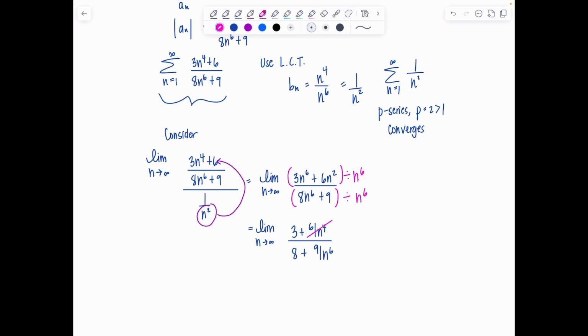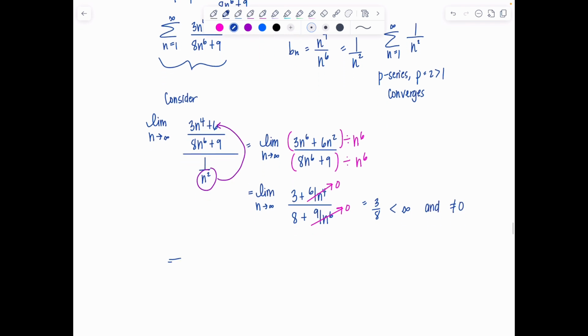And then 6 over n to the 4th, that's going to go to 0. 9 over n to the 6th, that also goes to 0. So then we just have 3 over 8 left over. Perfect. What do I care about this limit? I just did limit comparison test. So all that matters is that it's finite and not 0. Boom.